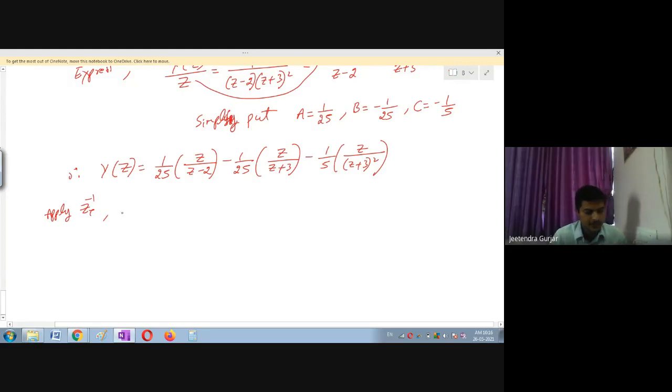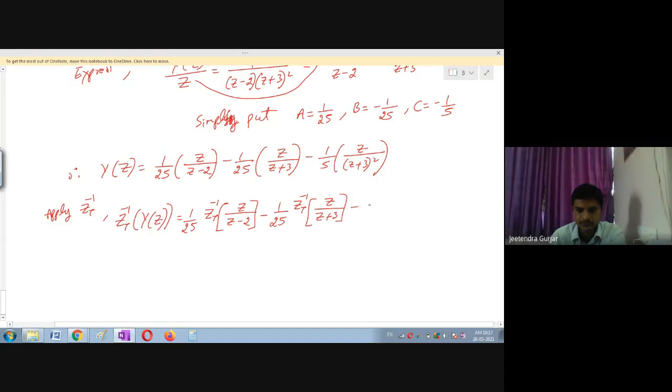So therefore, you are going to get Z inverse of Y of z is equal to 1 upon 25 outside, inverse Z transform of z divided by z minus 2, minus 1 upon 25 inverse Z transform of z divided by z plus 3, minus 1 upon 5 inverse Z transform of z divided by (z plus 3) square. So which formula are you going to use? Please tell me, students.